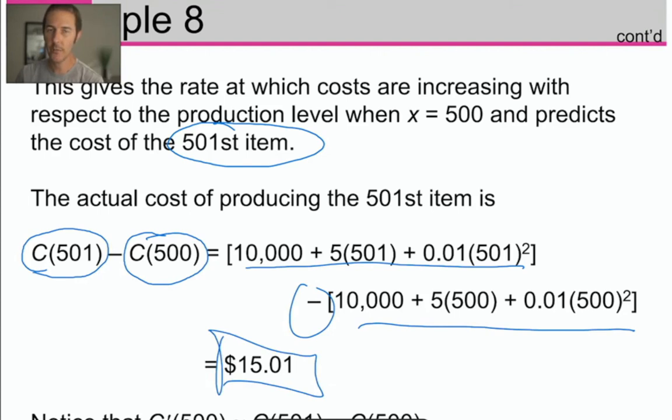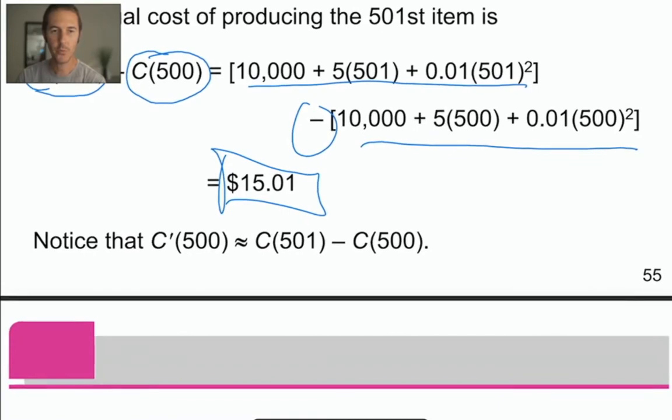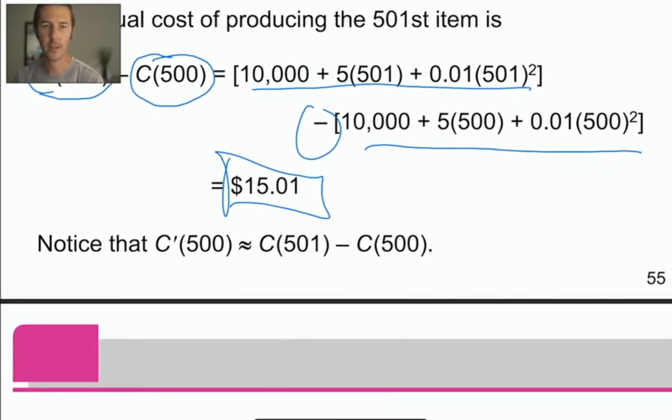So in actuality, to produce that 501st item would cost us $15.01. So those two different ways of calculating that change are only approximately equal because of the nature of the problem and that delta x can't be made super, super small. The smallest we could make it was 1.